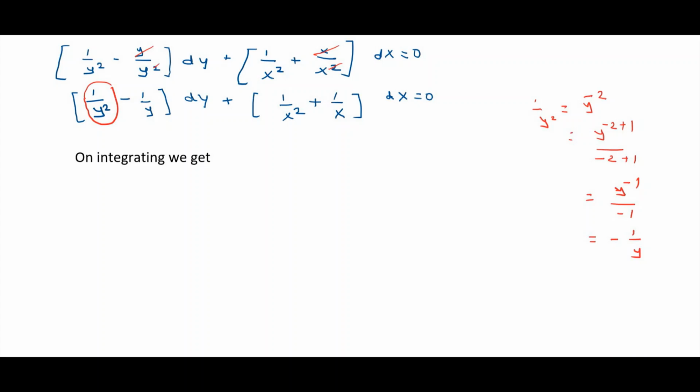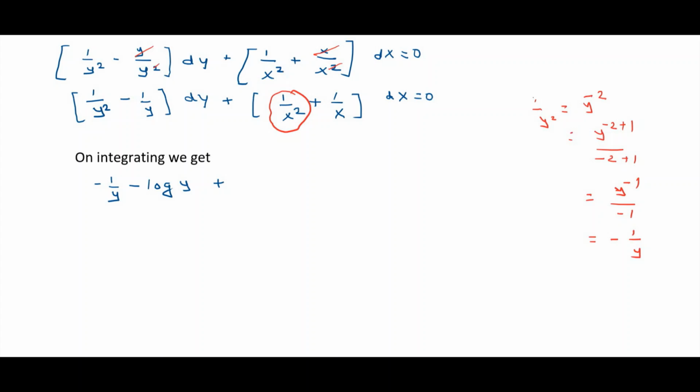So the integration of 1 by y square is minus 1 divided by y minus, what is the integration of 1 divided by y? Integration of 1 by y is equal to log y. Plus, what is the integration of 1 divided by x square?